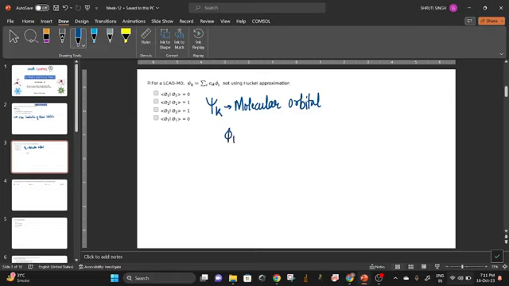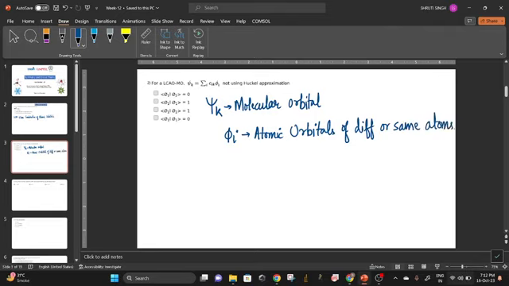The phi i's are atomic orbitals of different or same atoms, depending upon the molecule.